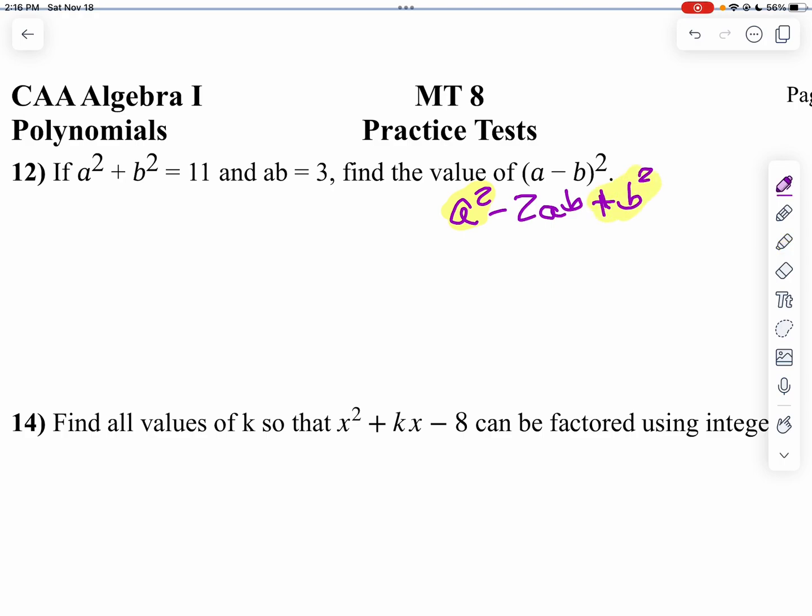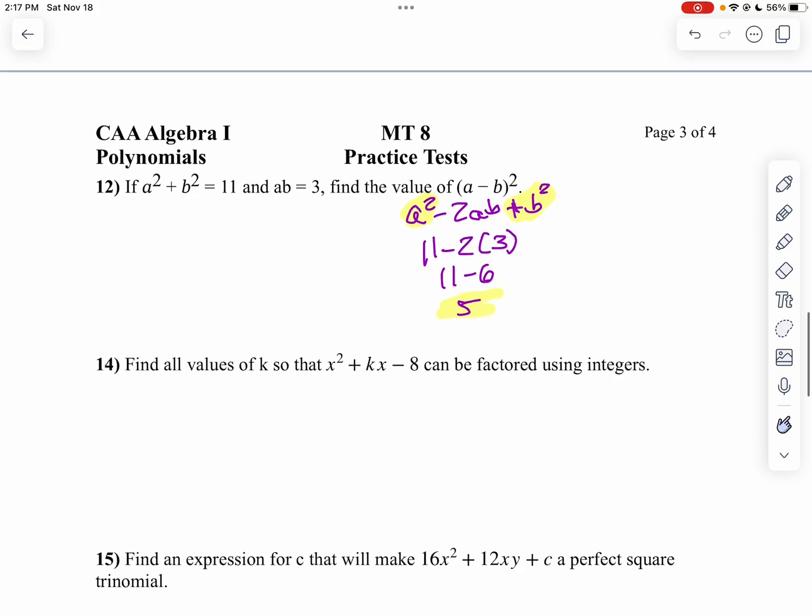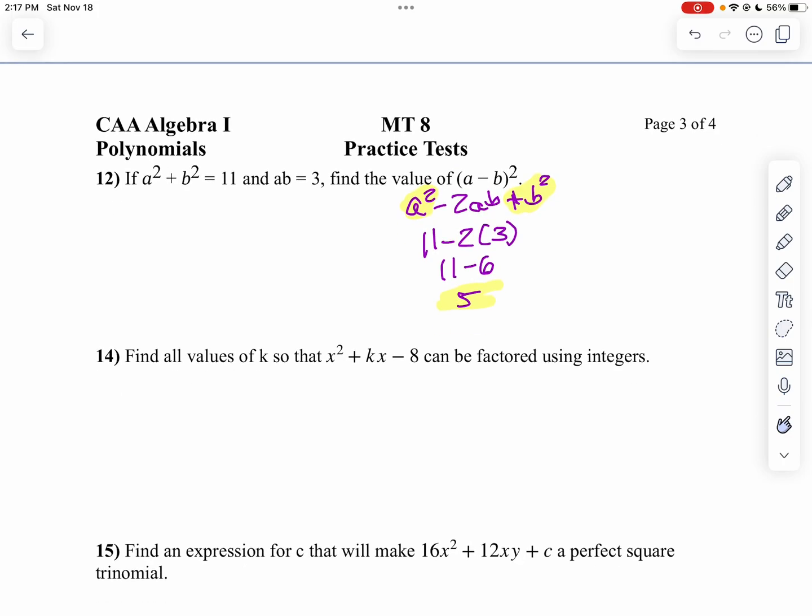That's 11, isn't it? Minus 2, and ab is 3. So 11 minus 6 is 5. And there's your answer.